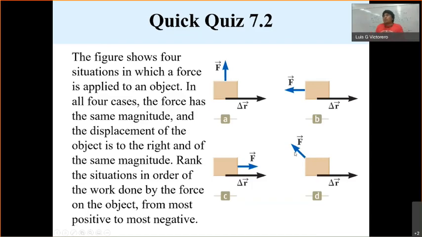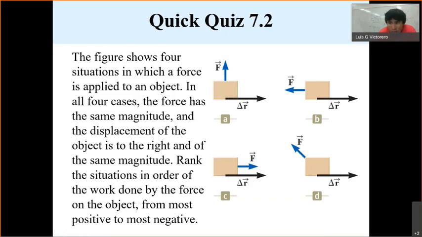So the most positive work will be which one? The most positive work will certainly be C. F times delta R. This is cosine theta is 1, sorry, cosine theta is 1.